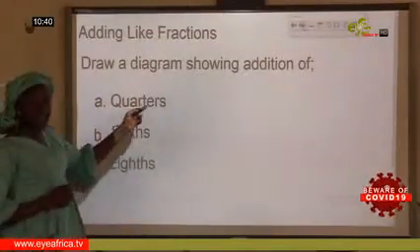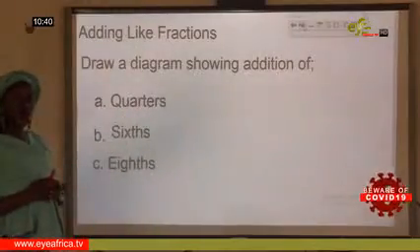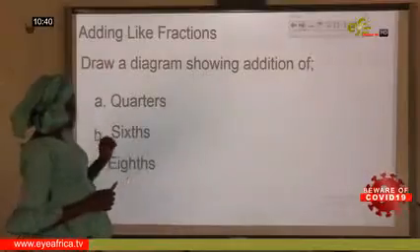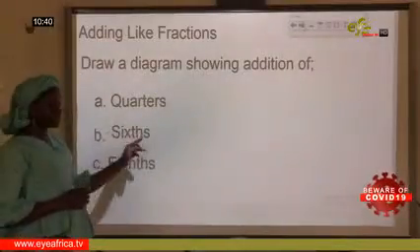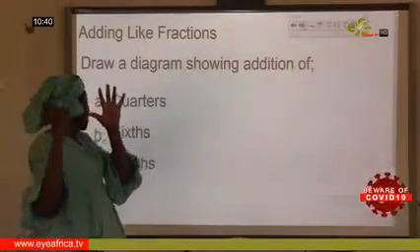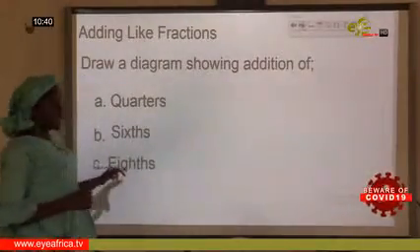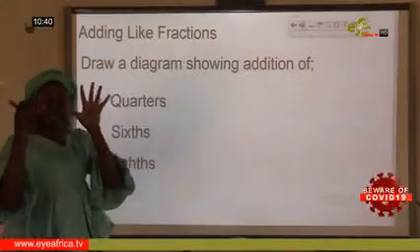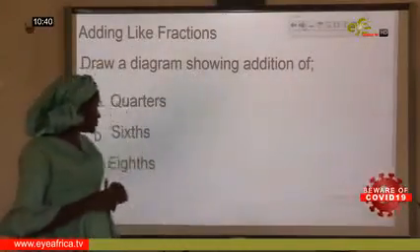So quarters here for A means a whole should be divided into 4 equal parts. And for B, where we have sixths, a whole should be divided into 6 equal parts. And C, where we have eighths, a whole there should be divided into 8 equal parts.